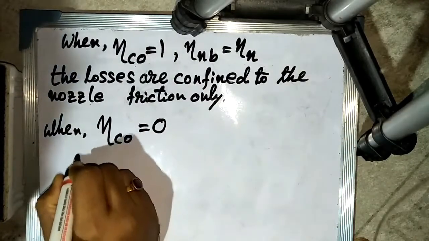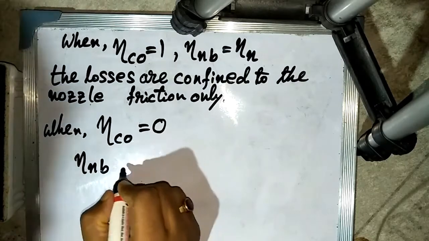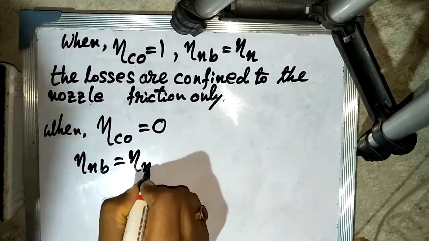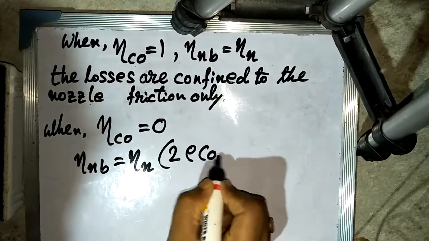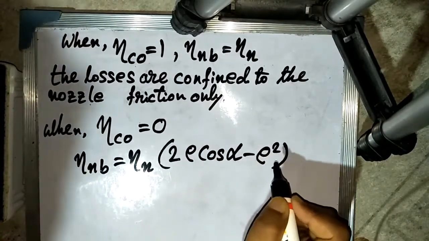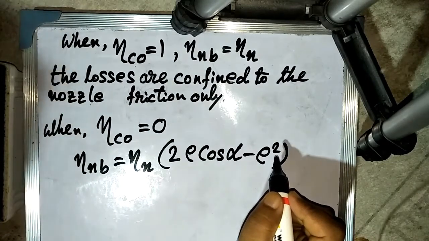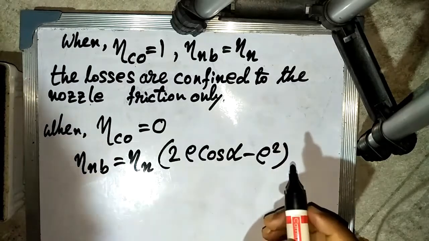So we can write that eta nb equals eta n into 2 rho cos alpha minus rho square, which is the efficiency of a single row of blades.